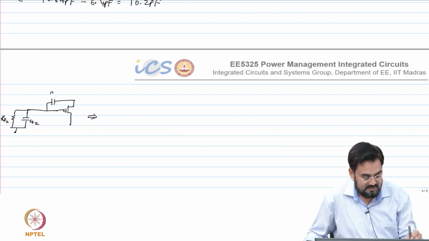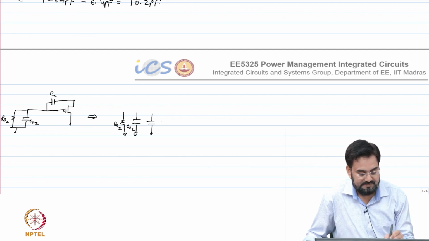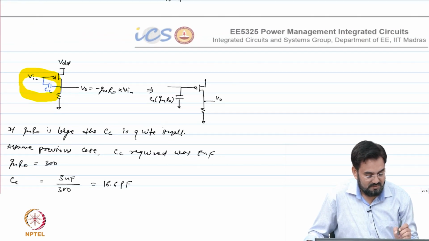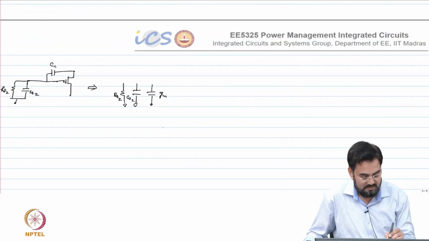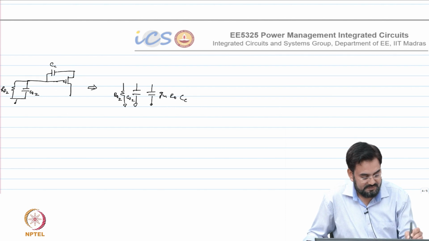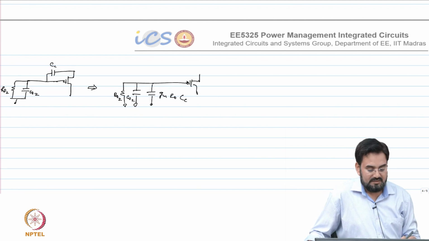So after this Miller compensation, what should be this cap? GM R out CC. Correct.